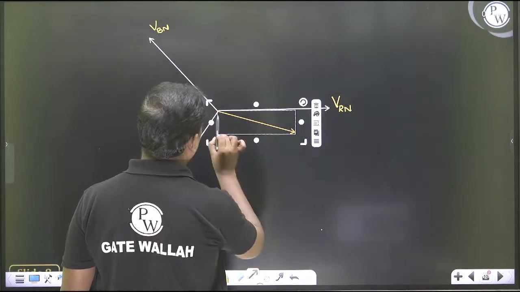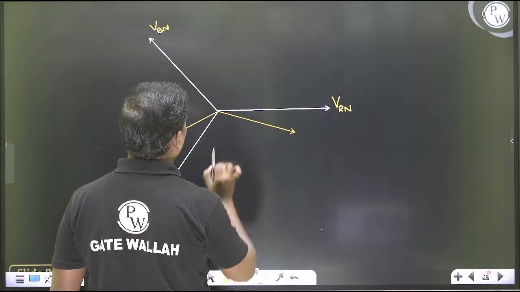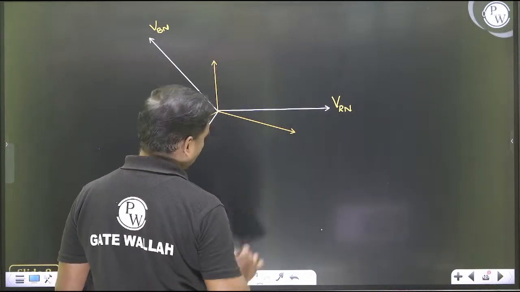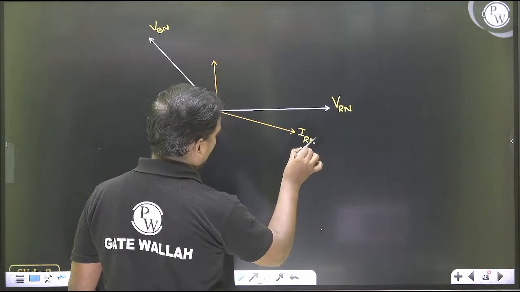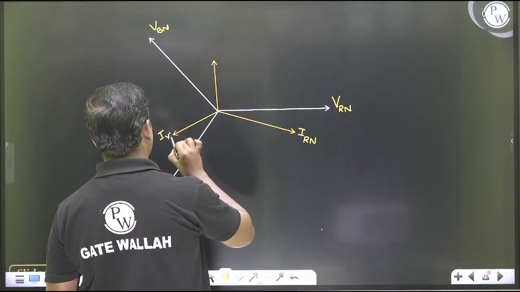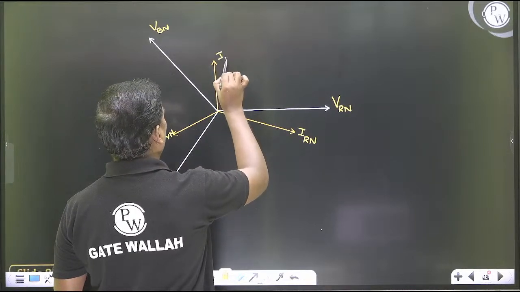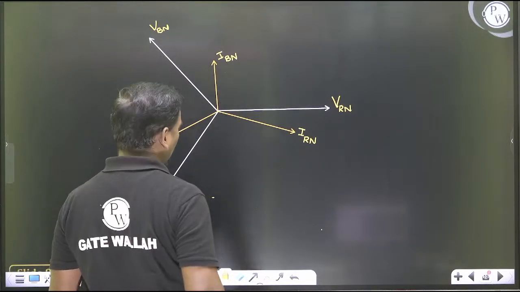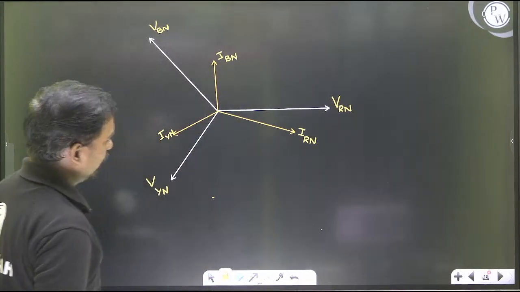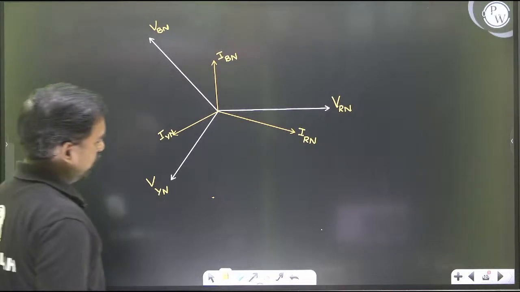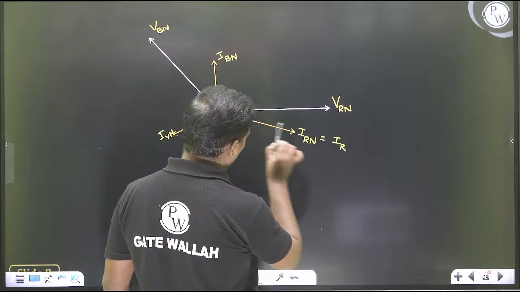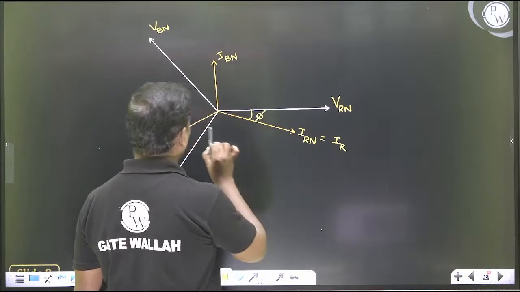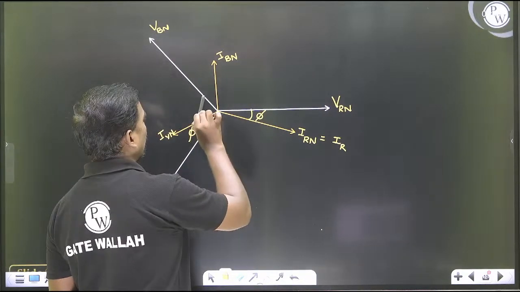So this is IRN, this is the IYN, this is the IBN. So this is nothing but line current also. So this angle I am taking as phi. This angle also I am taking as phi. This also.